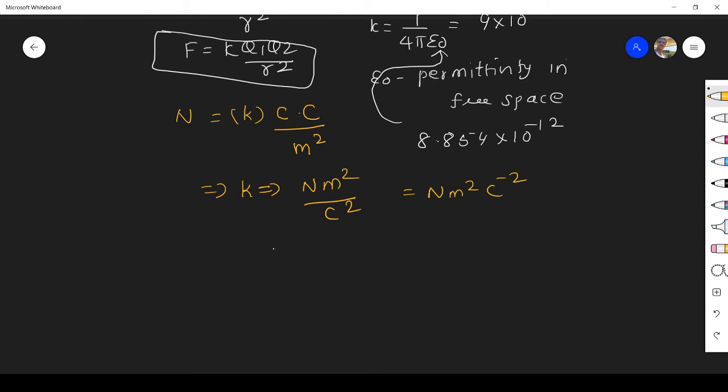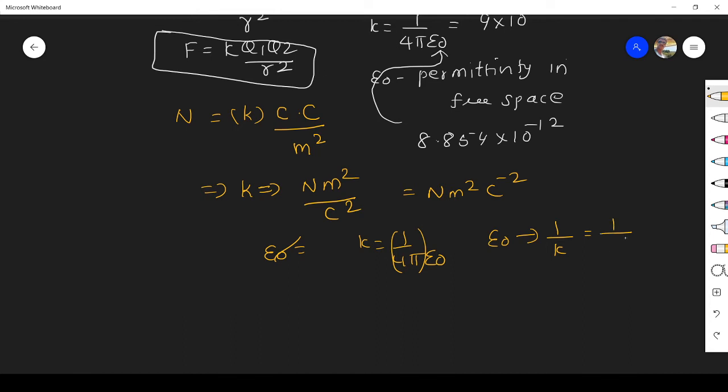What is the unit of epsilon naught? We know that epsilon naught, K is equal to 1 by 4 pi epsilon naught. 1 by 4 pi is a constant, it has no unit. So I can derive unit of epsilon naught is 1 by K, because epsilon naught is equal to 1 by K. So for unit purpose only, right? Epsilon naught is 1 by 4 pi K, but for unit purpose I take 1 by 4 pi.